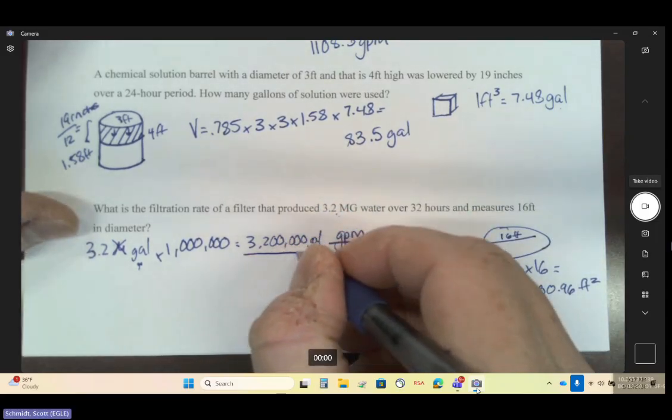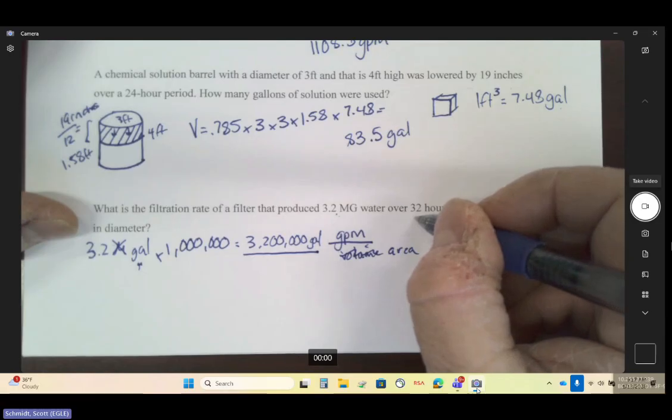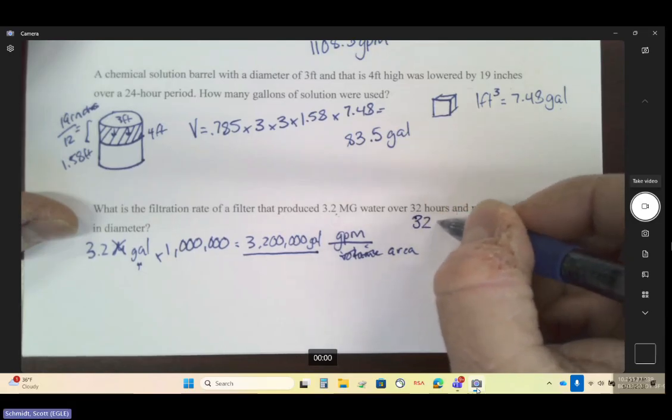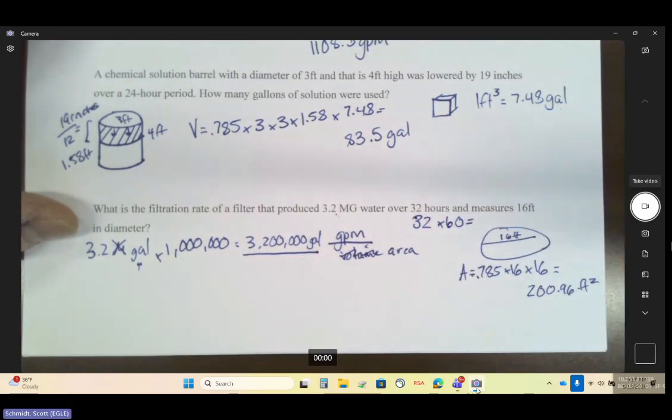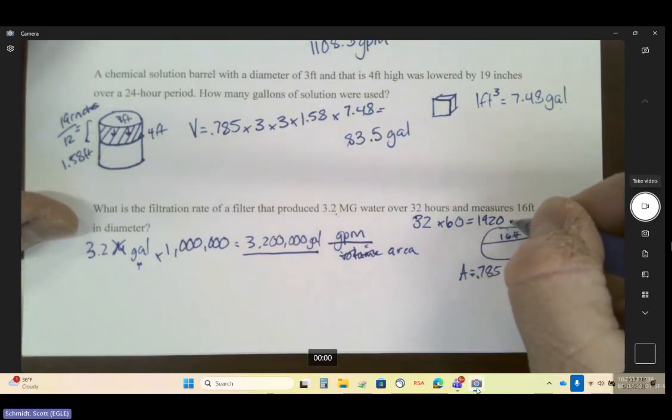Well, I need to know how many minutes it is because I got to get gallons per minute up here. Well, 32 hours. To convert that to minutes, you times it by 60. 1,920 minutes.